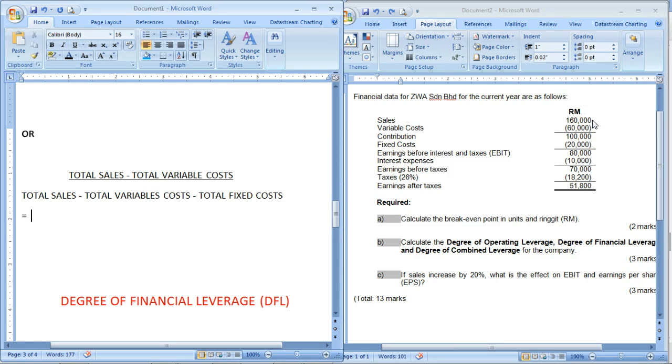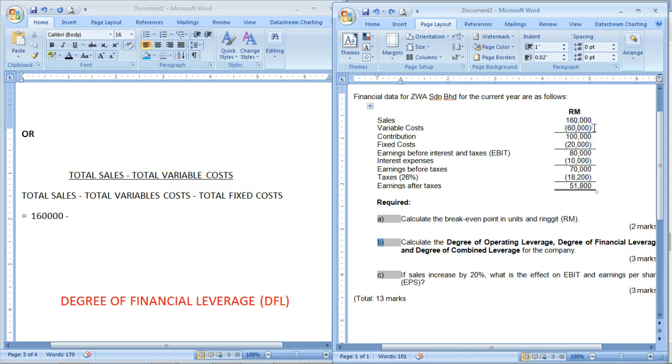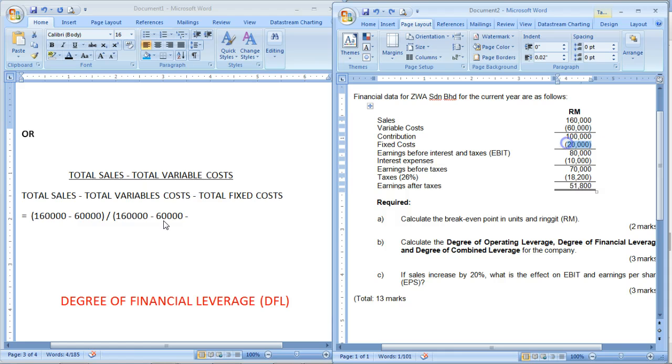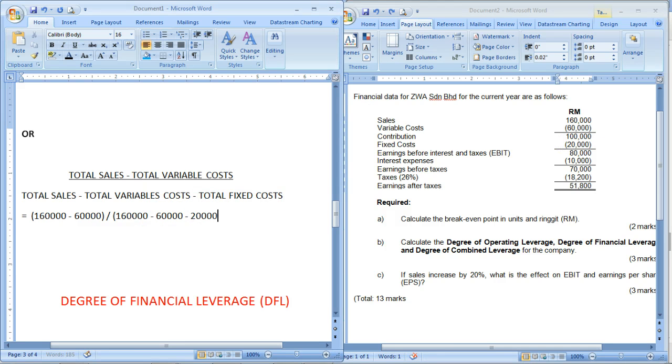Degree of operating leverage, I repeat, is to see the impact of changes of sales towards EBIT. So it's 160,000 minus what, class? Variable cost. This is the numerator. Then the formula asks you to divide by total sales 160,000, again minus variable cost 60,000, and can I know what is your fixed cost now? Yes, it's 20,000. Simple, class.